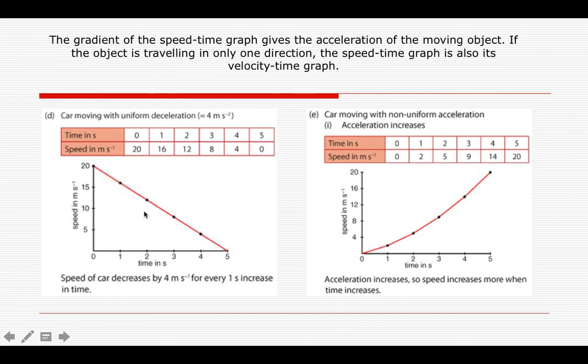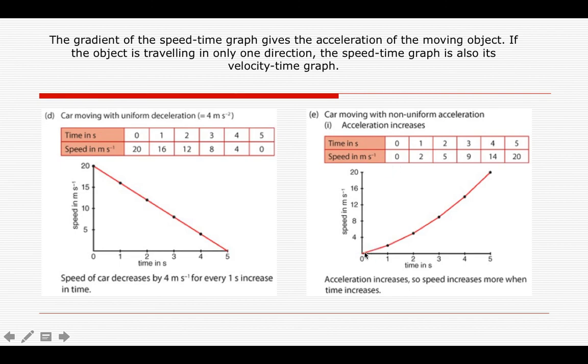So if you are asked to calculate the acceleration, again you calculate the rise over run, but in this case it's a decrease. So obviously it is going to be negative 20 divided by 5, which gives you negative 4 meter per second squared, and this is called deceleration.